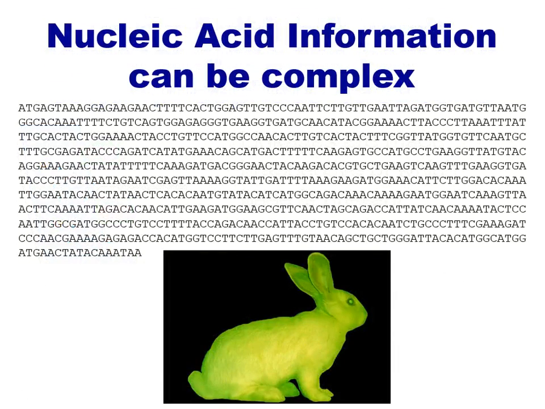Nucleic acid information can be very complex. Here is a nucleic acid molecule, a molecule of DNA, represented by abbreviating the nucleotides in the order in which they're found. So for example, this particular molecule of DNA starts with adenine, thymine, guanine, then adenine, represented by A, T, G, A, and so forth.